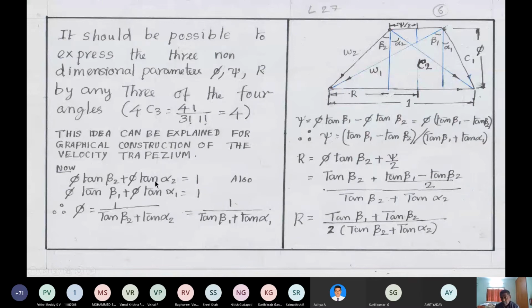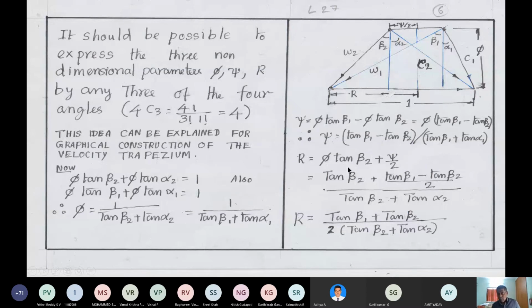Similarly, psi. See, psi is equal to this top side. That is equal to from this end to the point here. It is equal to phi tan beta 1, that is up to this, minus the initial portion, that will be phi tan beta 2.